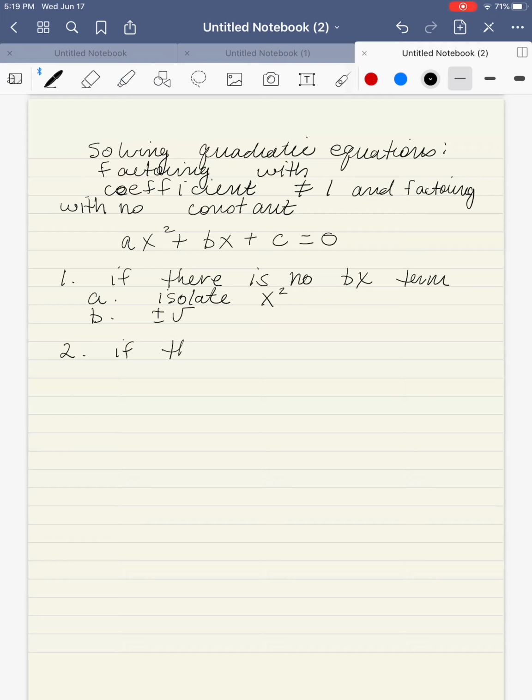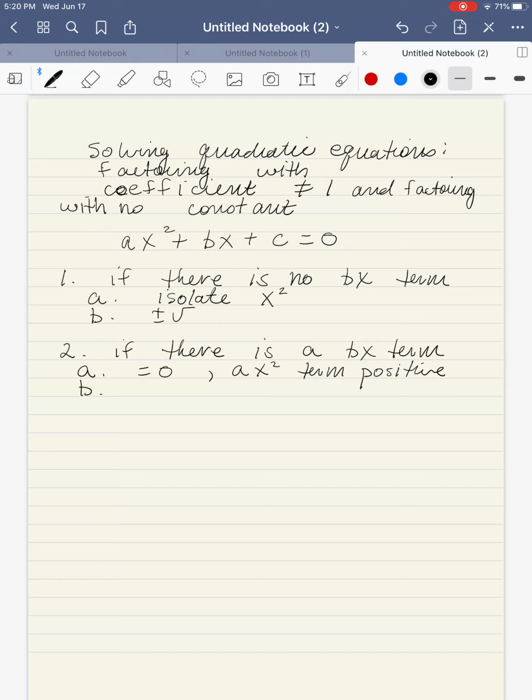Then we saw that if there is a bx term, we want to get it into standard form, in other words, equal to 0, and we want to keep the ax squared term positive because it just makes our work moving forward easier.